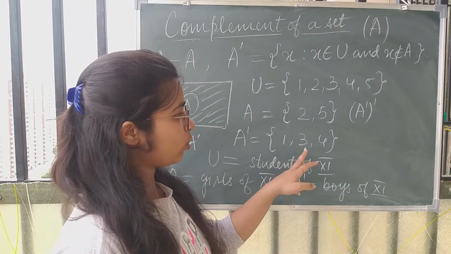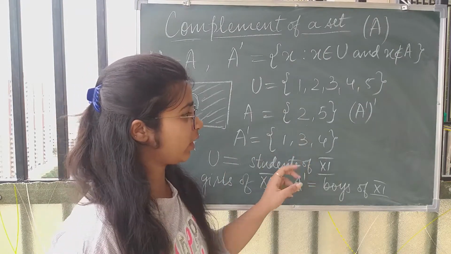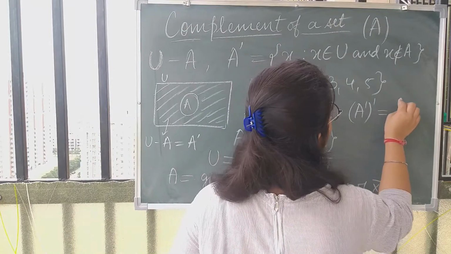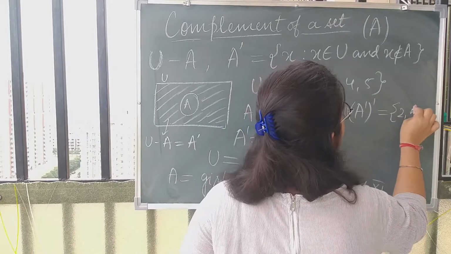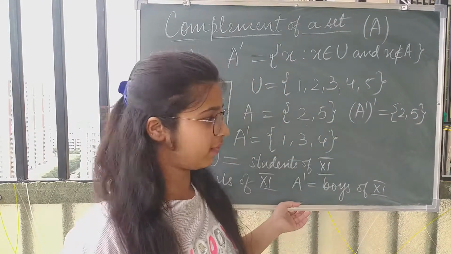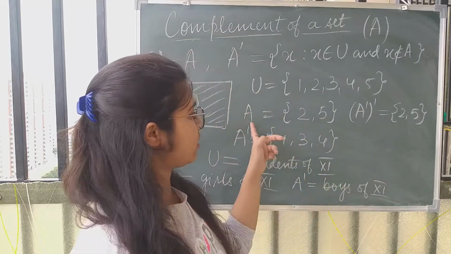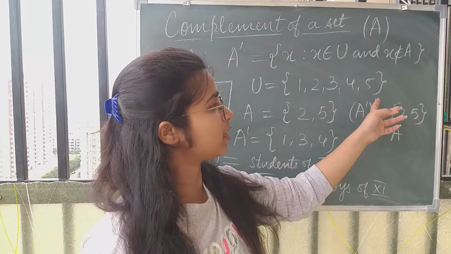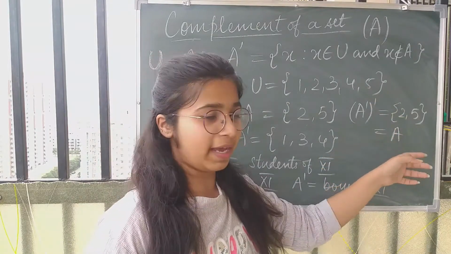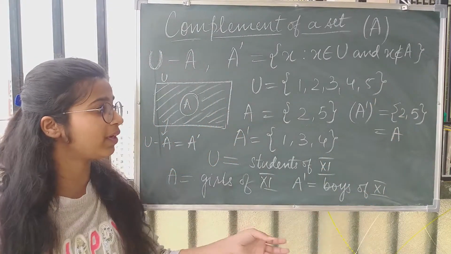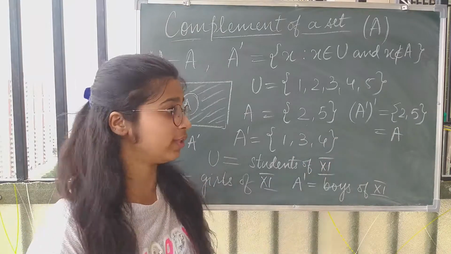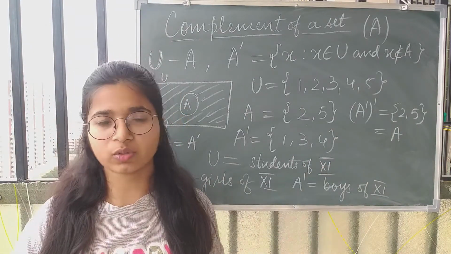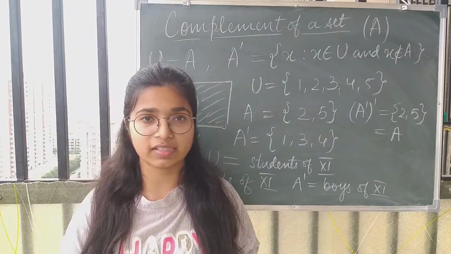So if I write all those elements of U which are not there in A complement, that comes out to be the set constituting 2 and 5, and we know that this set is equals to A. That means A complement ka complement is the same as A. So this is a very important point to be noted here. It helps out in various questions and it makes it really easy.